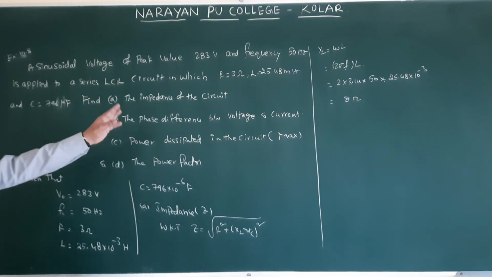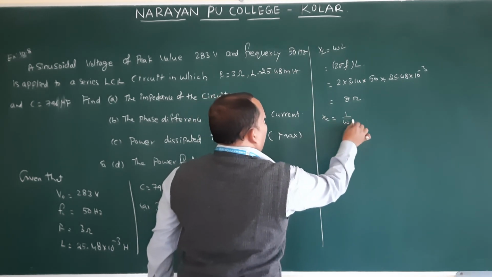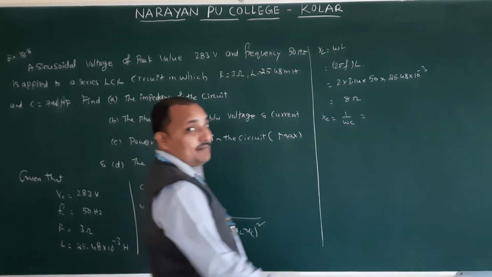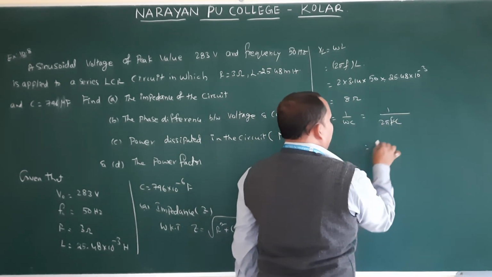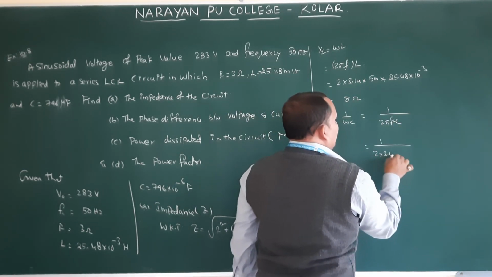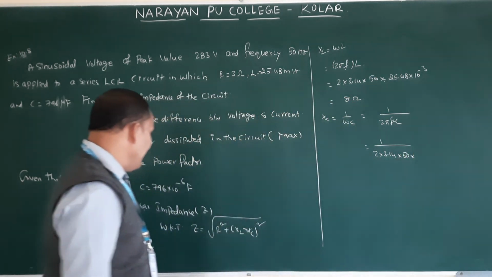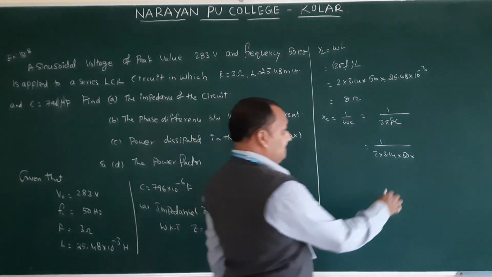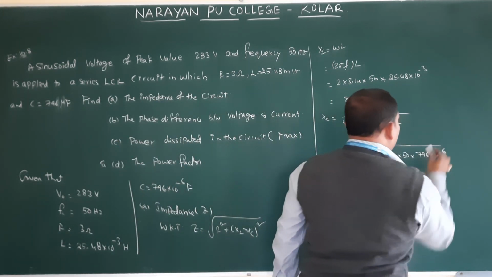XL is 8 ohms. Now we will calculate XC. What is XC? 1 by omega C, which means 1 by 2 pi f C, that is 1 by 2 into 3.14 into 50 into C. C value is 796 into 10 power minus 6.